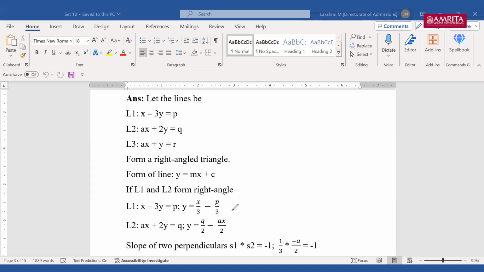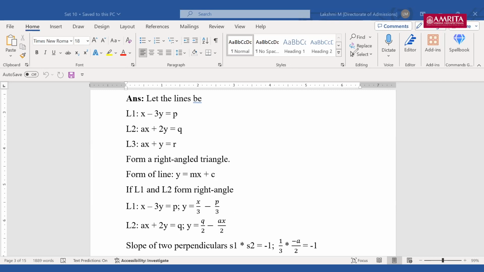So here I have just changed the form of the line. The first one I can write as y is equal to x by 3 minus p by 3, and the second as y is equal to q by 2 minus ax by 2. The slope here is minus a by 2, here it's 1 by 3, so this is equal to -1, and I'll be able to form an equation.